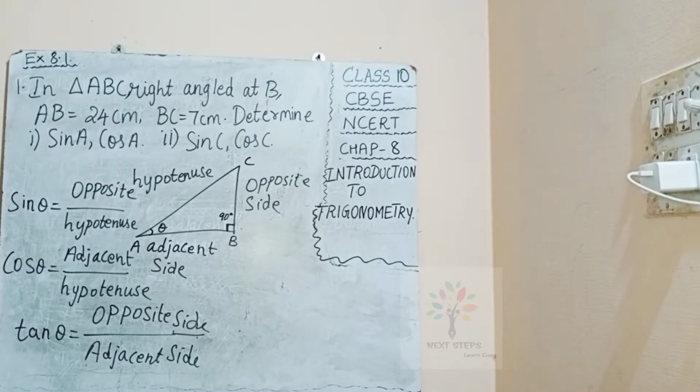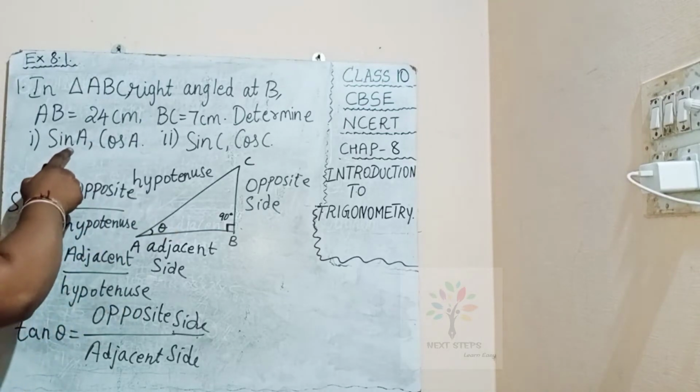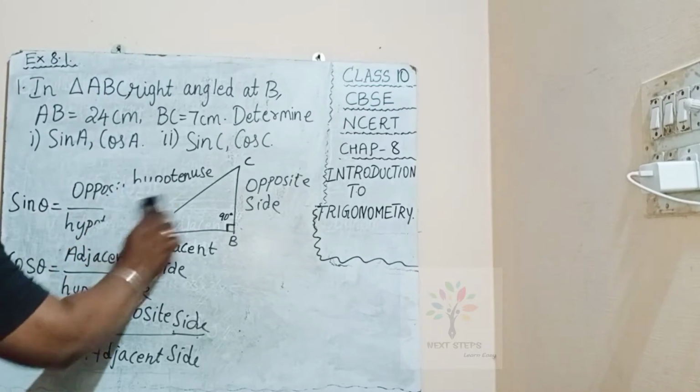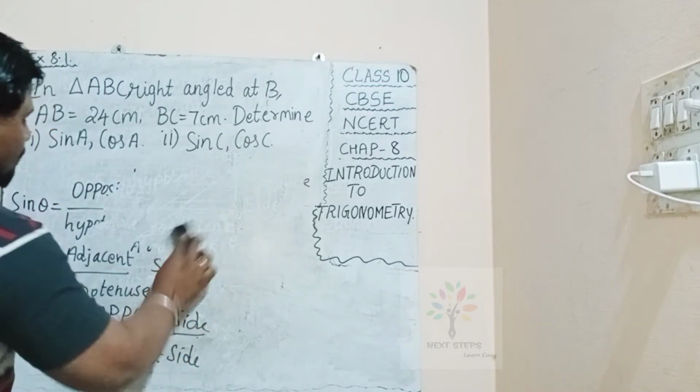In the problem, in triangle ABC, it is right angled at B. AB is equal to 24 centimeter, BC is equal to 7 centimeter, and we have to determine sin A and cos A. That is your first subdivision. First we will solve the first subdivision.